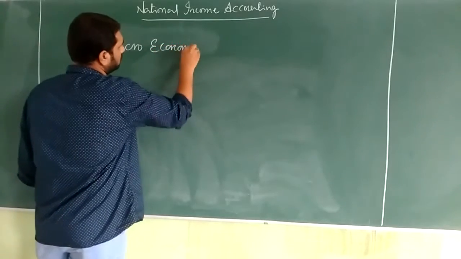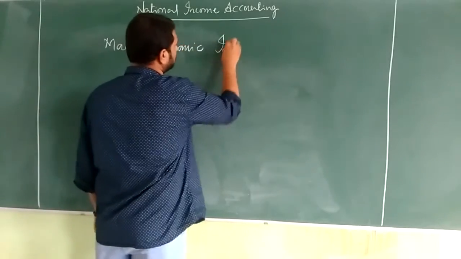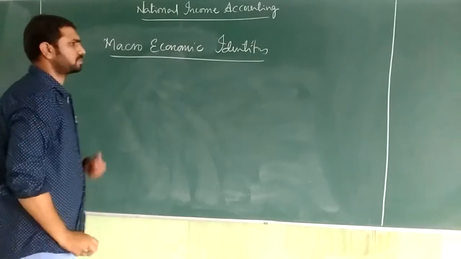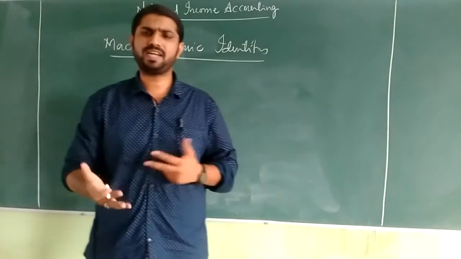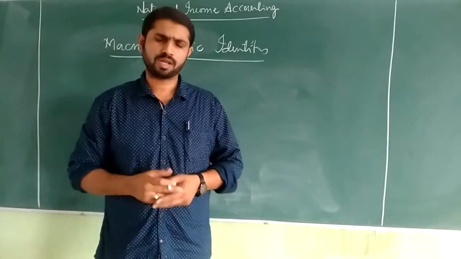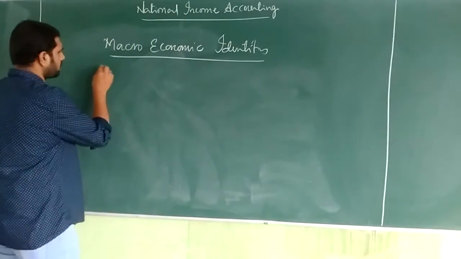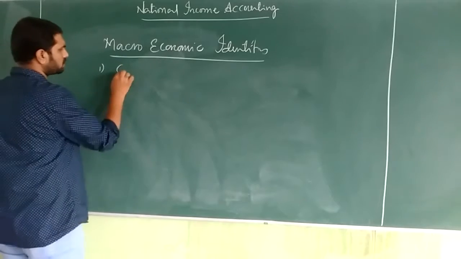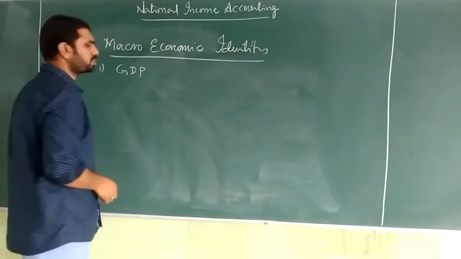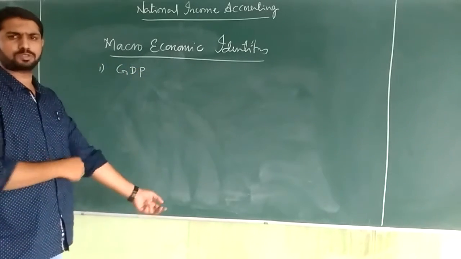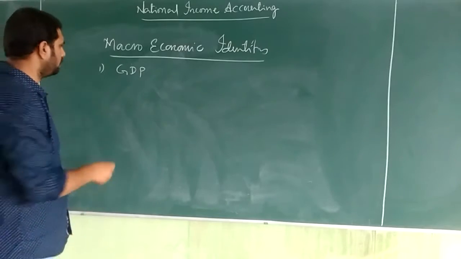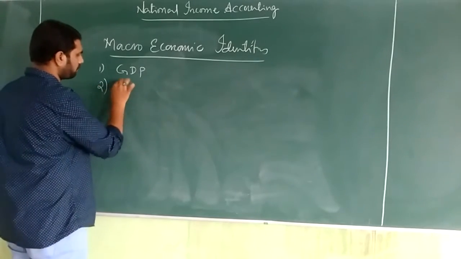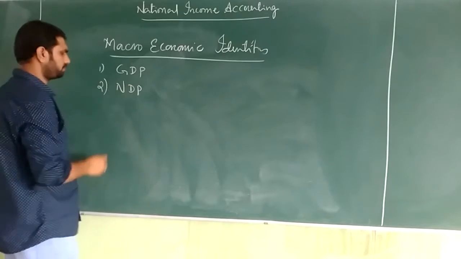Macroeconomic identities. We can call them indicators of the country. Now, there are 8 to 9 of them. Coming to them one by one. The first one, most of you might have heard about, is called GDP. Next one is NDP.